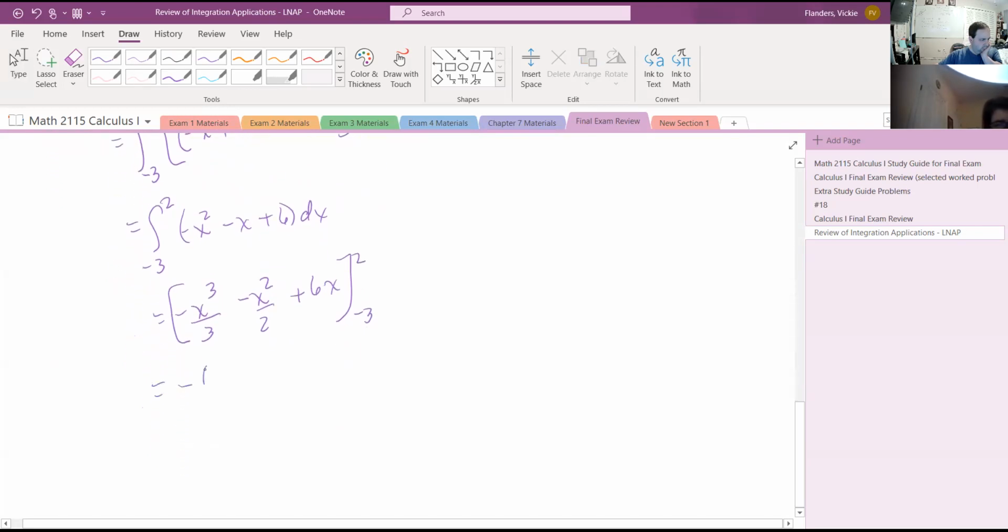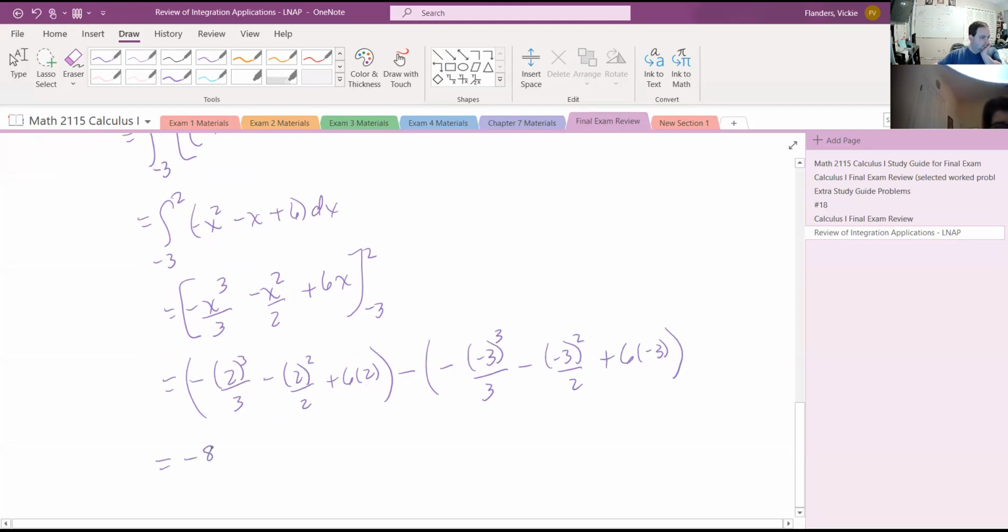So I get negative 2 cubed over 3 minus 2 squared over 2 plus 6 times 2, minus negative 3 quantity cubed over 3 minus negative 3 quantity squared over 2 plus 6 times negative 3. So what is this? Negative 8 thirds minus 2 plus 12.